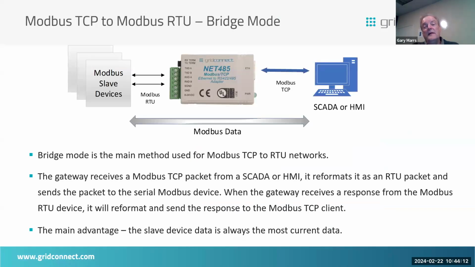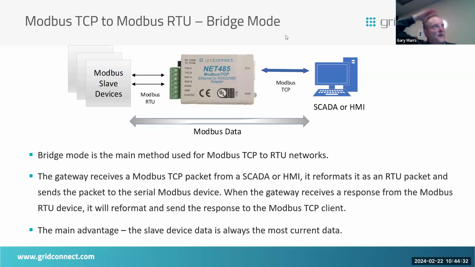Before we get exactly into that, I wanted to go over a little bit of the two methods a gateway would use when taking Modbus serial data to Modbus TCP. The first one is what we call bridge mode.